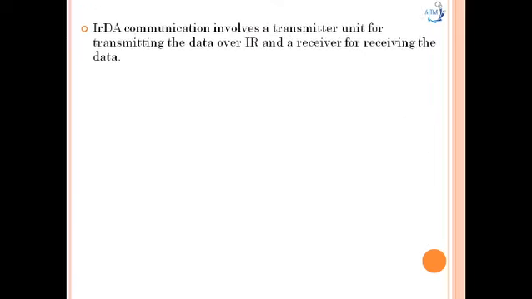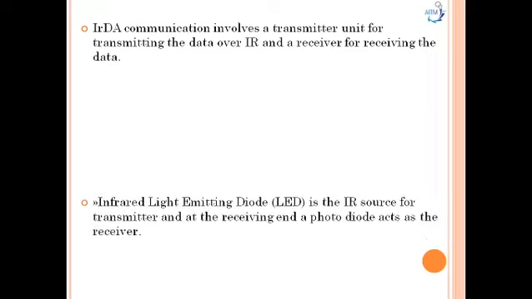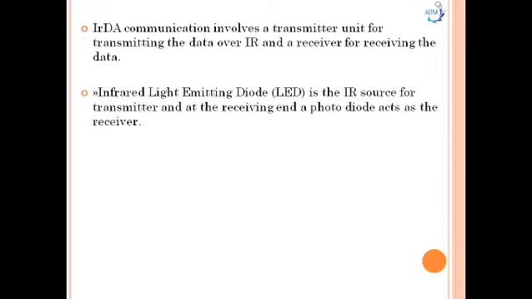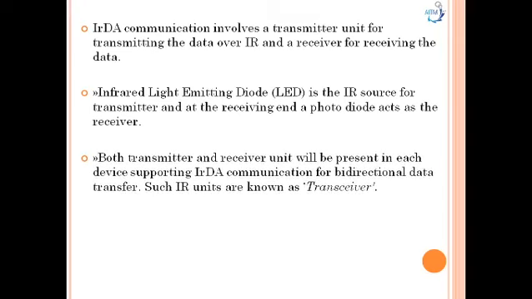IRDA communication involves a transmitter unit for transmitting the data over the IR channel and a receiver for receiving the data here. An infrared light emitting diode, LED, is the IR source for the transmitter, and at the receiving end, a photodiode acts as the receiver here. Both transmitter and receiver units will be present in each device supporting IRDA communication for bidirectional data transfer.